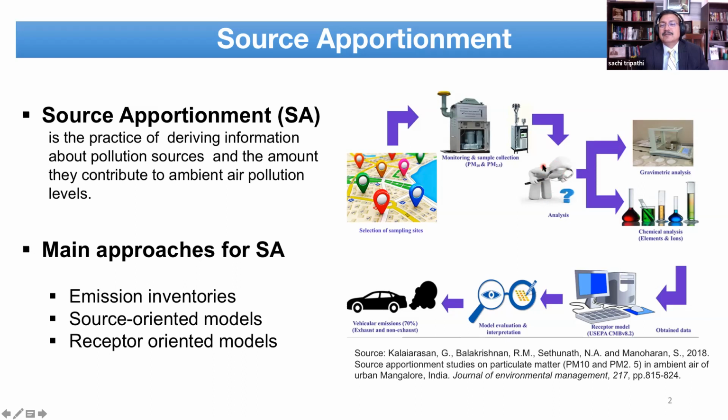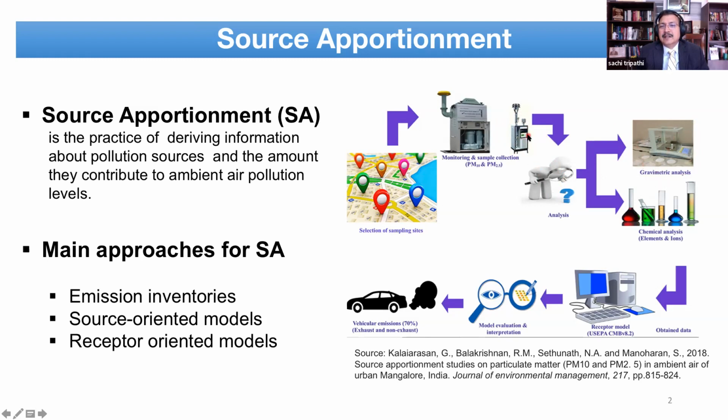What kind of analysis does one do? One is that you try to weigh the amount of particulate matter which is collected on the filters, because these samplers use filters, some kind of media on which particulate matter is deposited, and then that is carefully kept secure and then brought into the analytical laboratory.